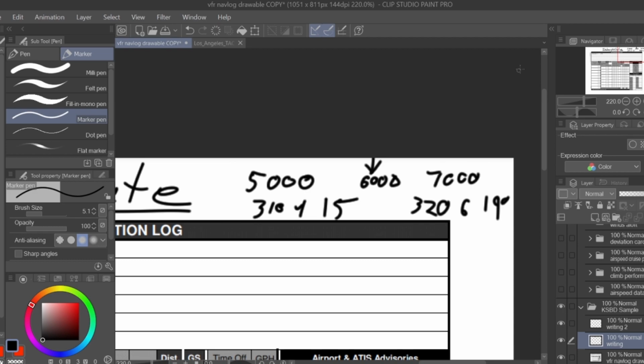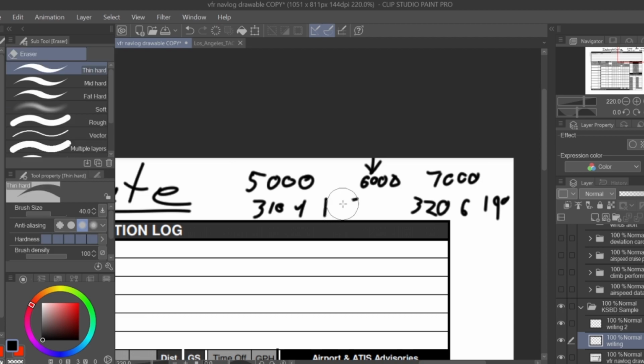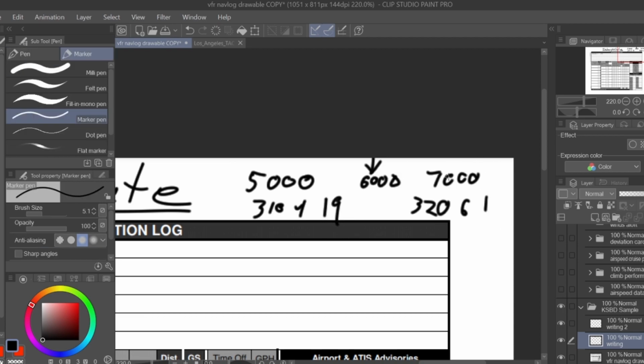There's a rule of thumb: about every 1,000 feet that you go up, the temperature decreases by 2 degrees Celsius. So I did an oopsie. Let's do that. 15. There we go. 19 degrees Celsius, 15 degrees Celsius. So you think, well, golly bum, 1,000 feet minus 2, you could say that that's 17 degrees Celsius. 310, 320, well, golly bum, what is that?